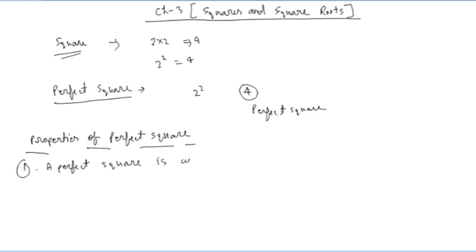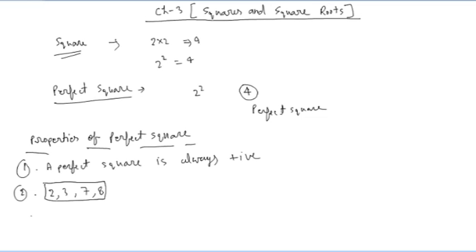The second is that a square number does not end with 2, 3, 7 or 8. If any number is ending with these digits, then that number is not a perfect square.